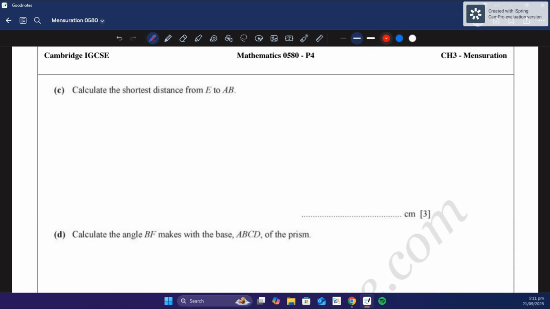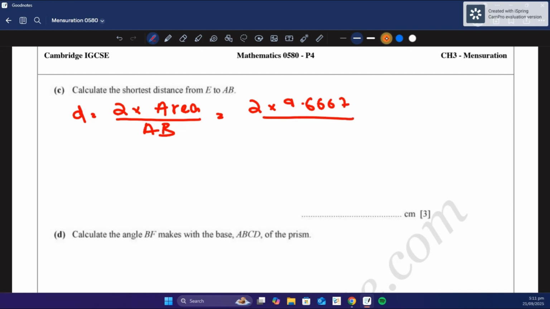Alright, so we're going to say distance is equal to 2 times the area over AB. That should give us 2 times 9.667 over 6.4.